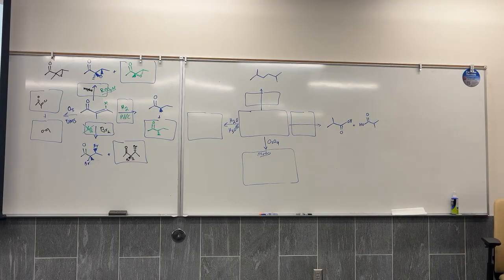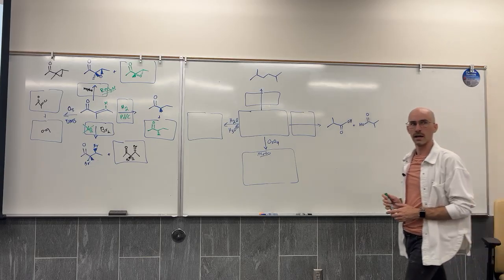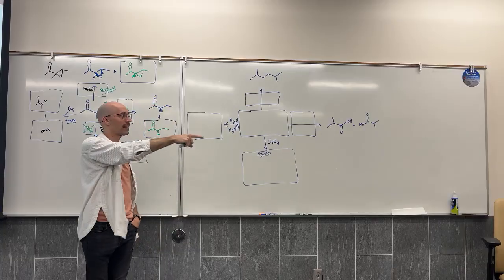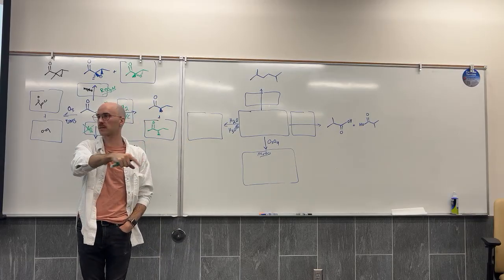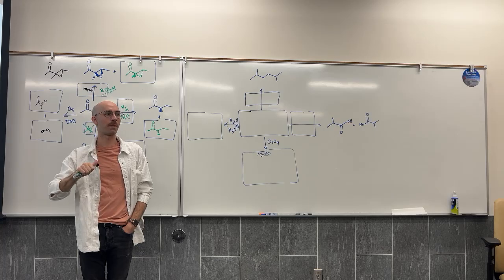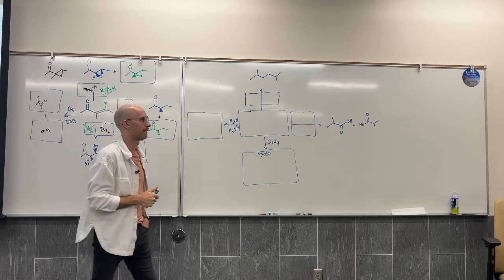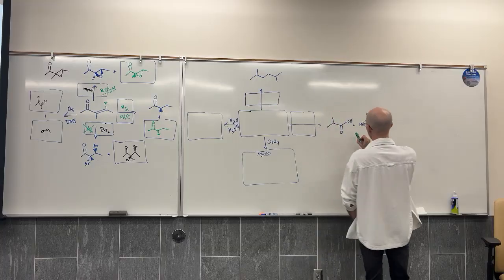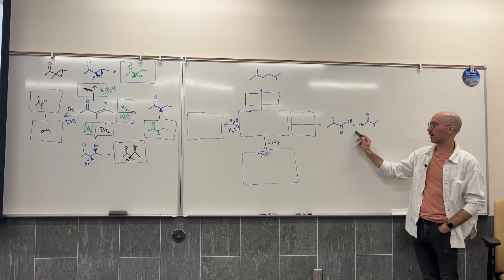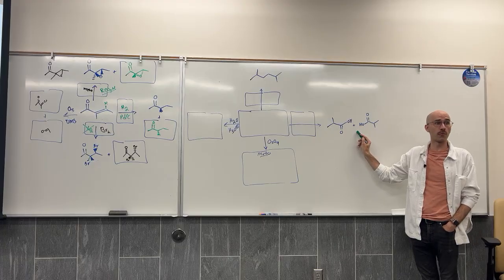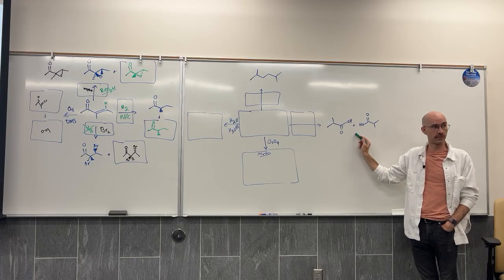All right, the roadmap on the right is a little bit more challenging. To solve this one, we actually have to take information we already have about the products and work them backwards to figure out what alkene must be missing. This product, the 2 carboxylic acids, you've only seen one way to make a carboxylic acid, and that's by oxidative cleavage.